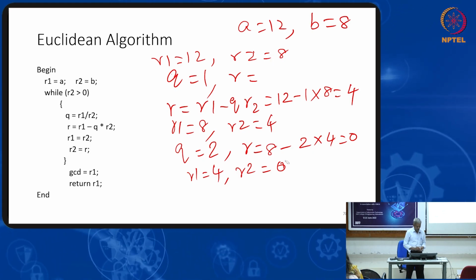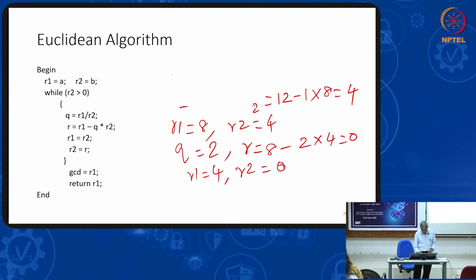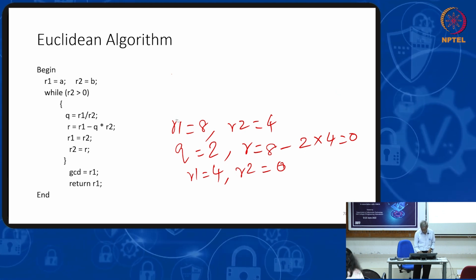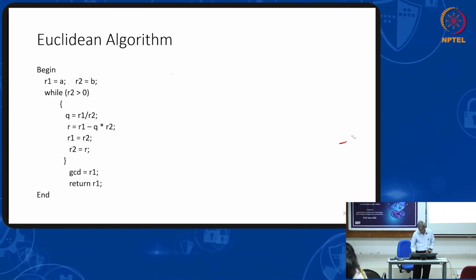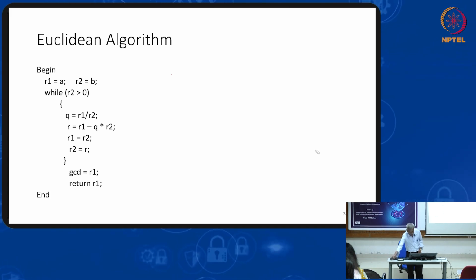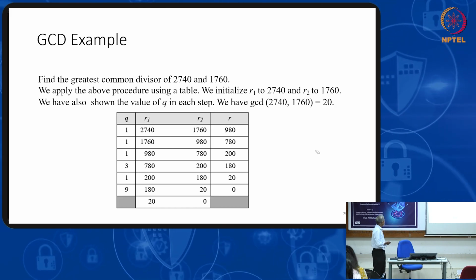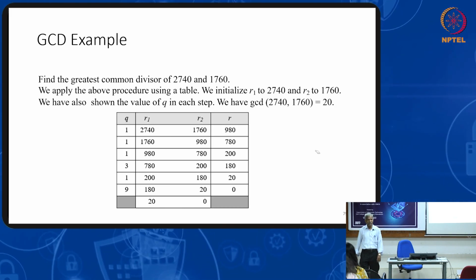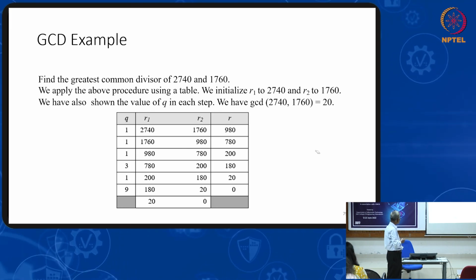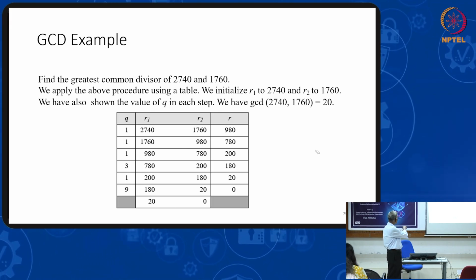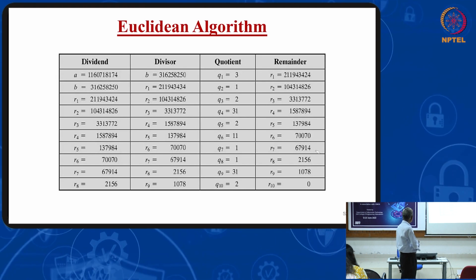I am writing the example. If you follow the steps of the algorithm for these two numbers, 2740 and 1760, and keep separating Q, R1, R2, R, you see the simulation.